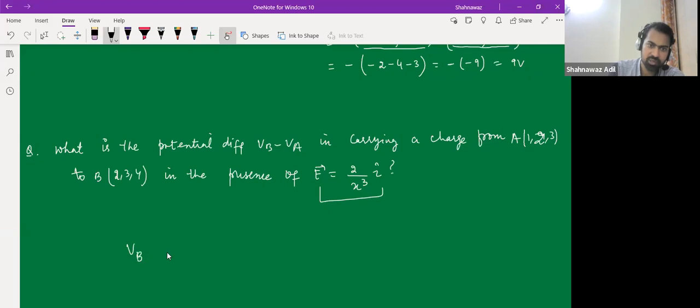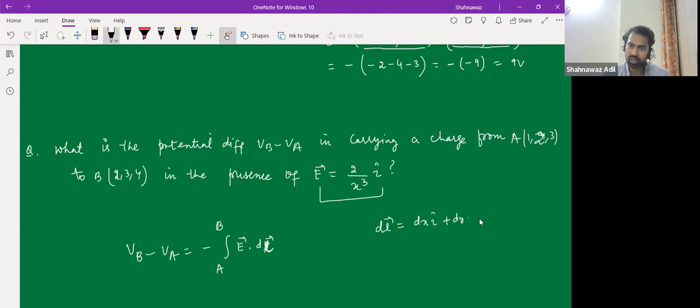So VB minus VA would be minus of the integral from A to B of E dot dl, right? So we have 3 coordinate points. So dl would be simply dx i plus dy j and dz k. Okay. So this would be this.